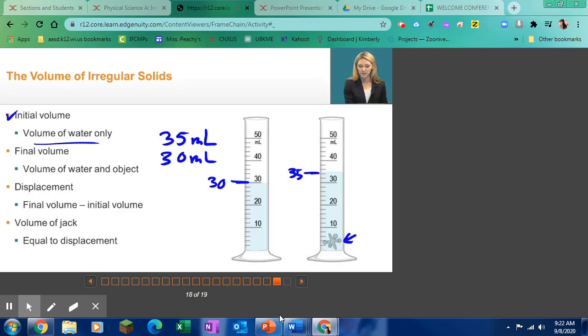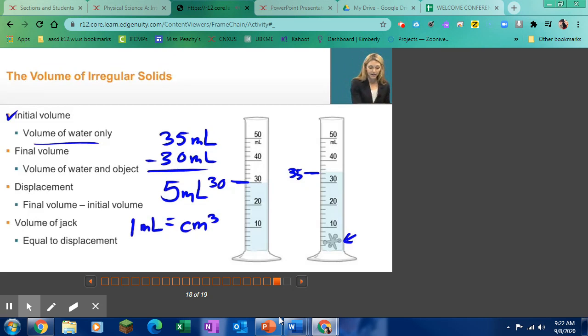And I'm sure you can do this in your head. We have 5 milliliters. Now, if you remember, 1 milliliter is equal to 1 centimeter cubed. So you could say that the final volume of the jack over here is 5 centimeters cubed.